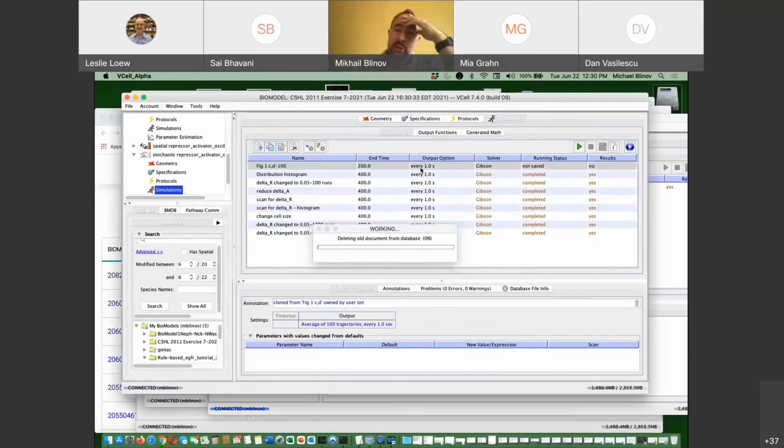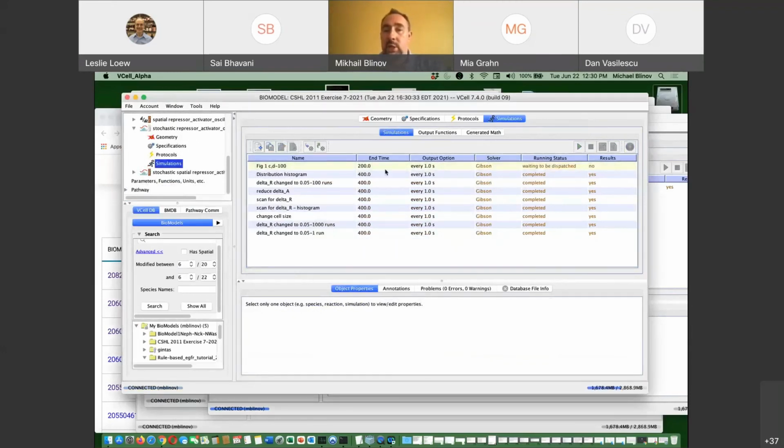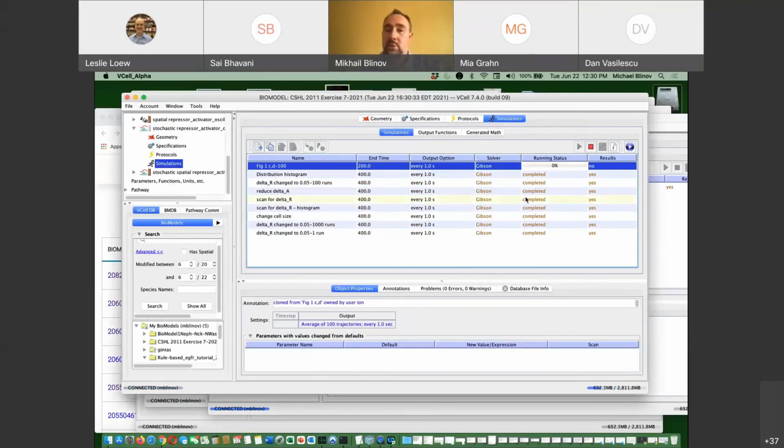You will see something that's still stochastic, because my output options are pretty sparse. I have 200 outputs, every 1 second. By the way, this is something else that is very important for stochastic simulations: if you make the output options pretty sparse, then you can miss behavior, especially with oscillation.